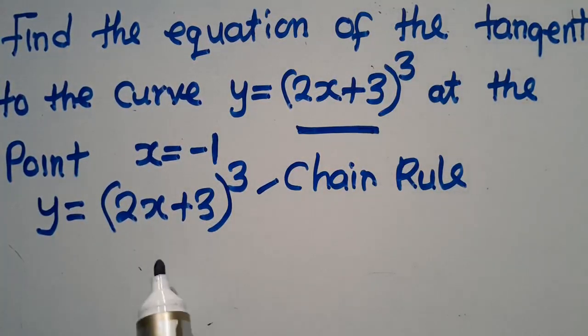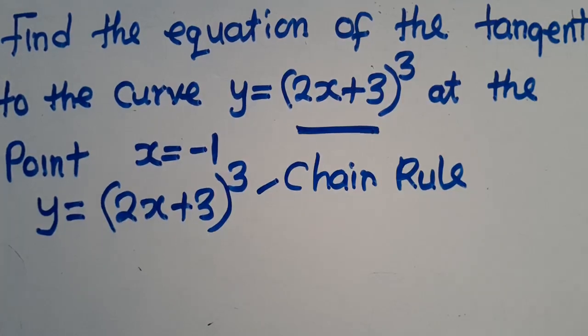So even in this case, we are going to differentiate using the chain rule. So now, how do we apply the chain rule? The first thing when you are asked to find the equation of the normal or the equation of the tangent is to differentiate. So just do what? Differentiate. So let us differentiate this.